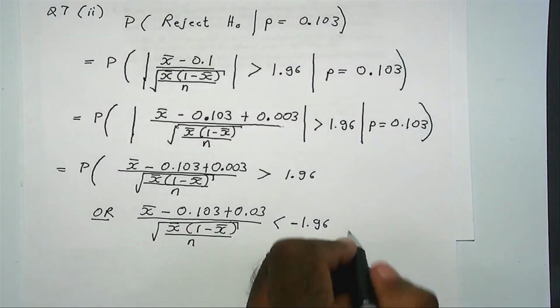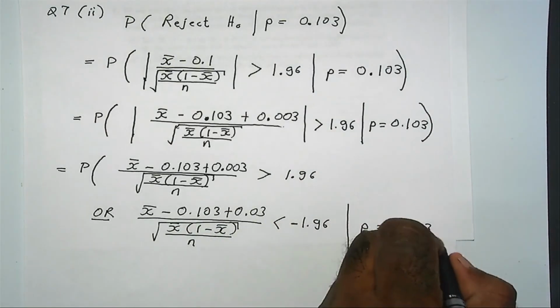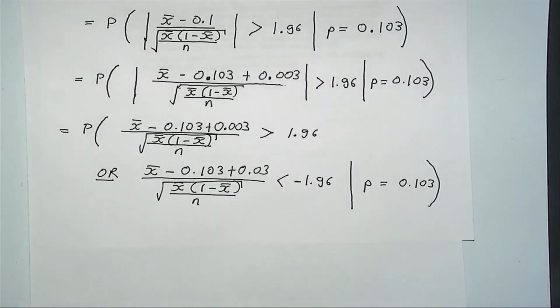So given p is equal to 0.103. All right. So you see what I've used here.